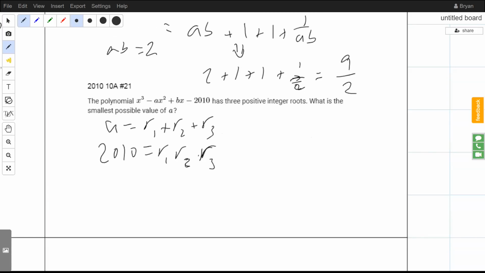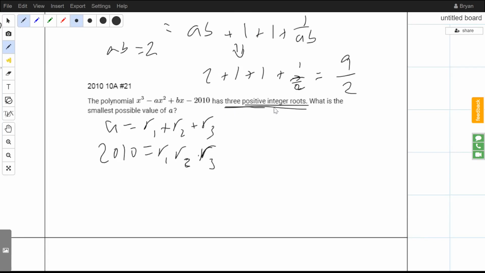And what important information do we know about these roots? Basically, the important thing to notice is that they're positive integers, and this is actually a very restrictive condition.